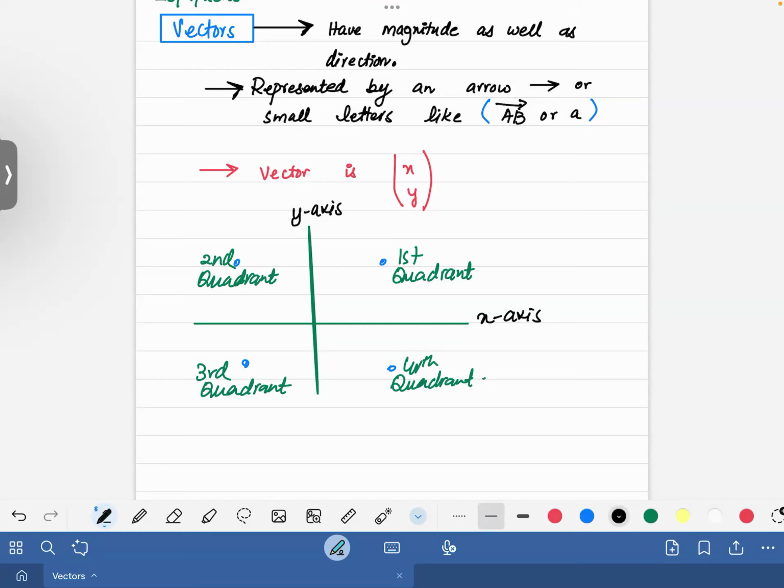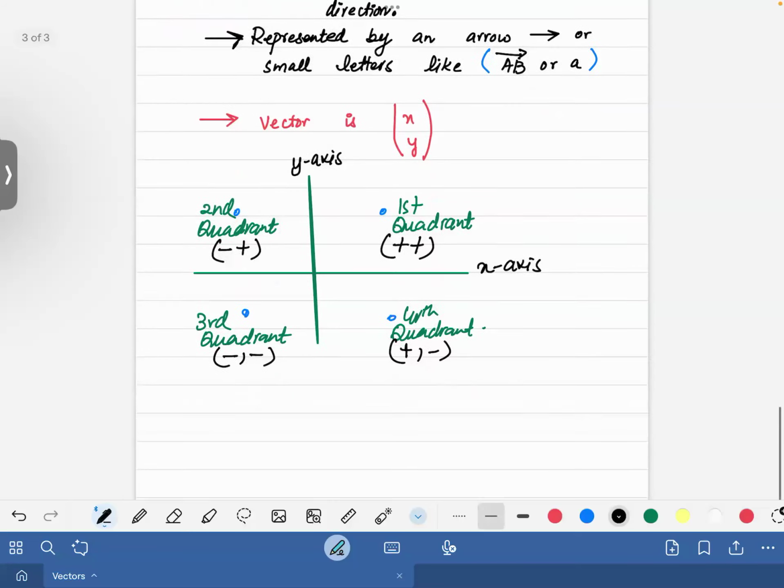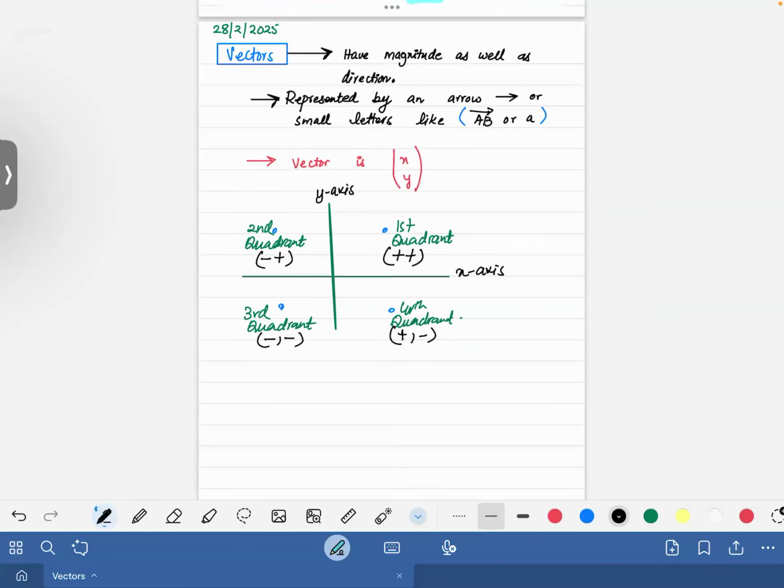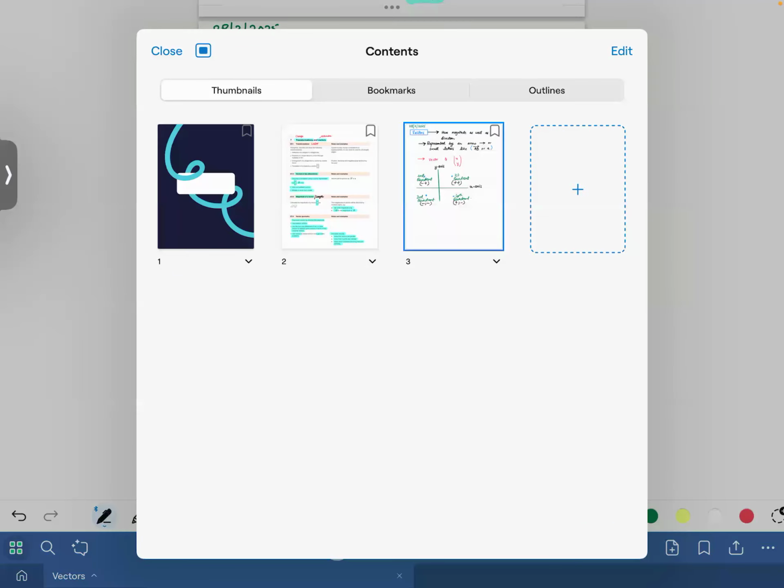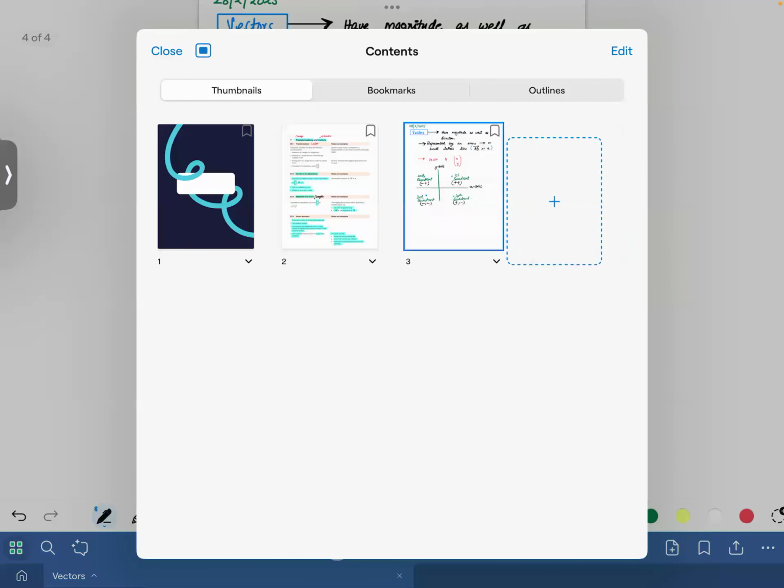We know that in the first quadrant, x and y are both positive, but in the second quadrant, x is negative and y is positive. In the third quadrant, x is negative and y is also negative, and in the fourth quadrant, x is positive but y is negative. Now, we need to understand this topic in a very different dimension, so let me add a page here with square paper.